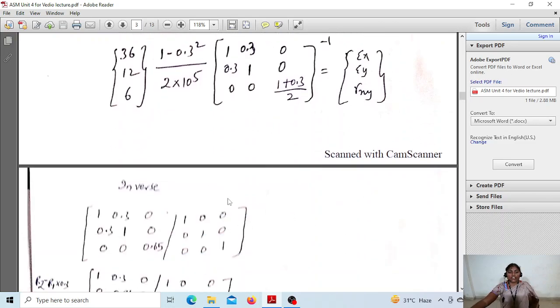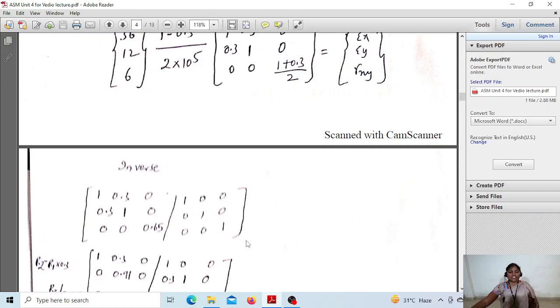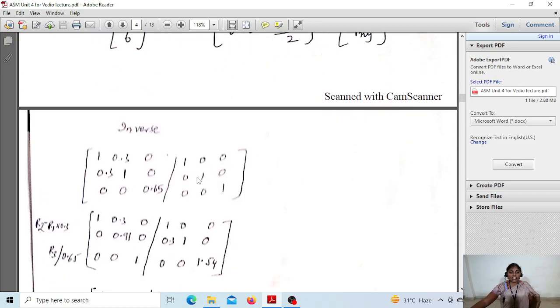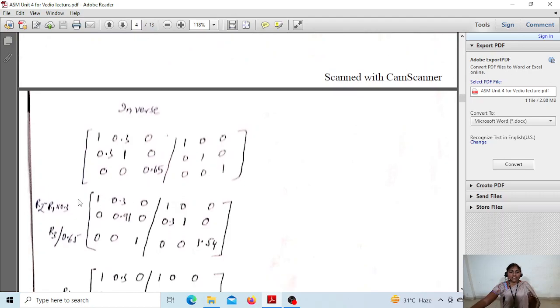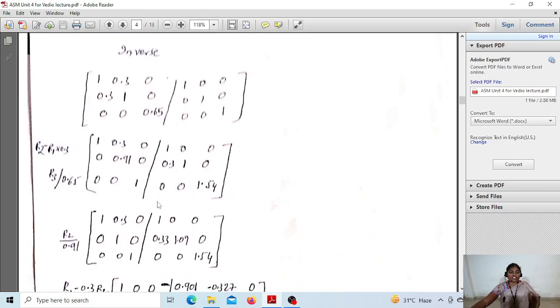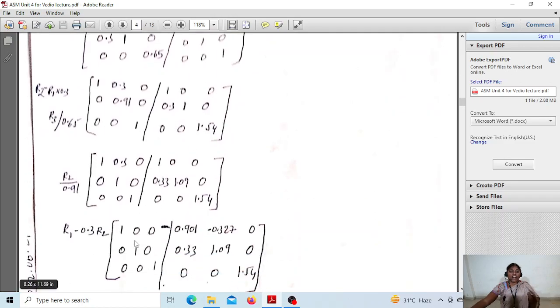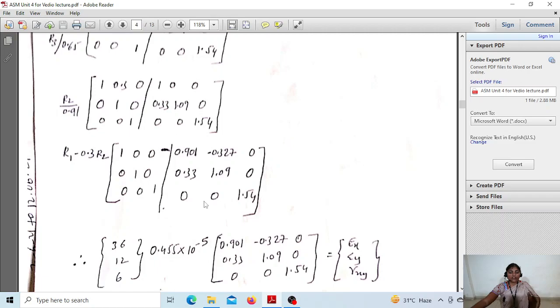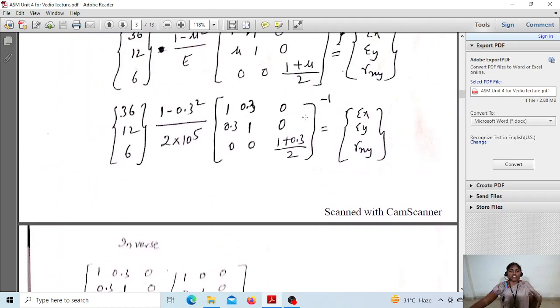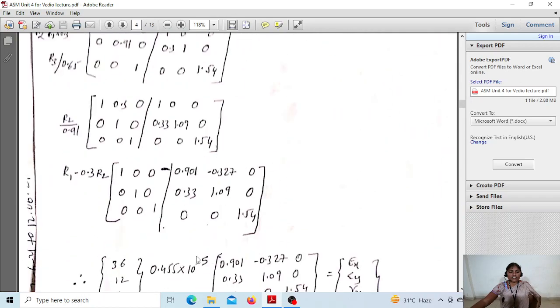Now if you solve the inverse in a classical method, I have chosen this method: you take an identity matrix and make it an inverse. So I made row operations and column operations as given below. Finally, I got an identity matrix and I got the values like this. Now, substitute the values in the given inverse matrix.